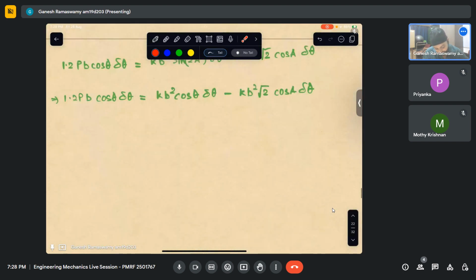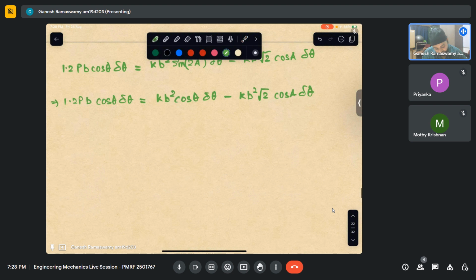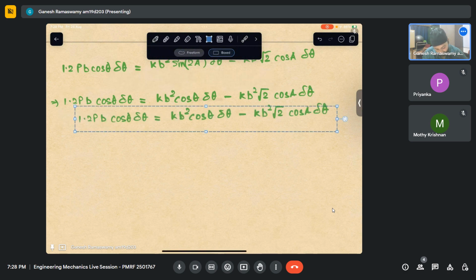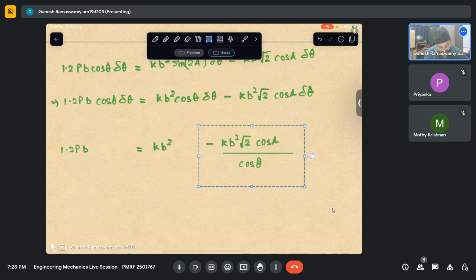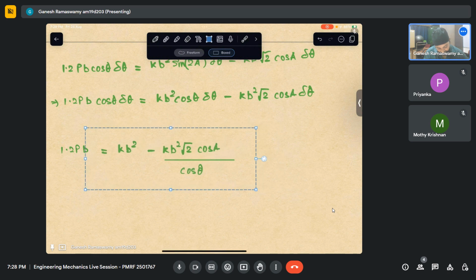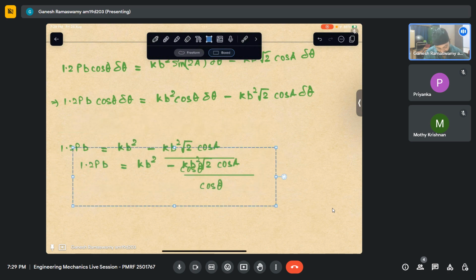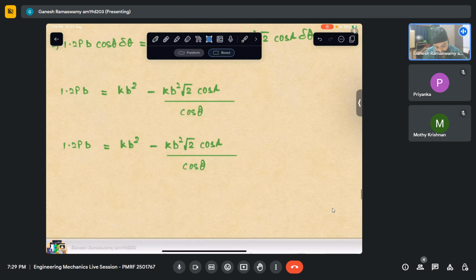So let us go about doing that. If I divide this entire equation by cos theta delta theta, what will happen? Delta theta gets removed here, and I hope that is clear. Now, further, I can divide this by k b squared.